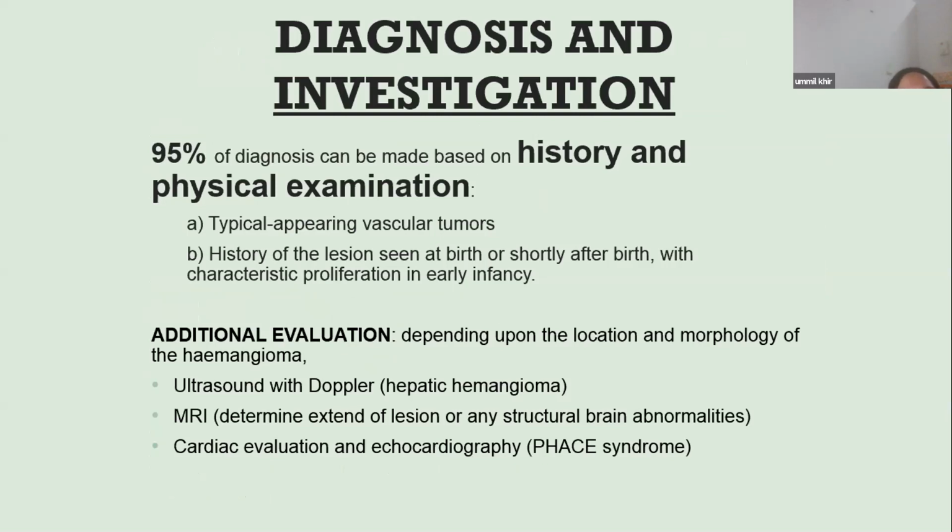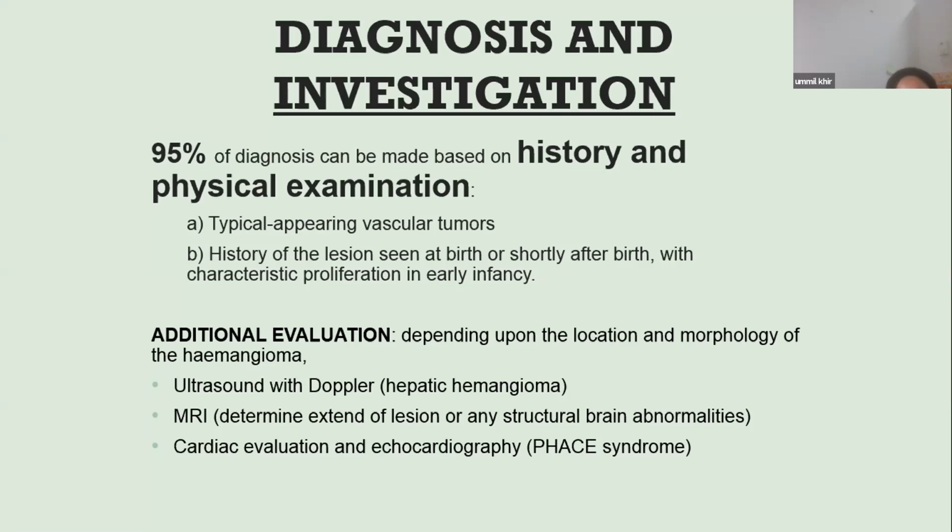Okay, for diagnosis and investigation, 95% of the diagnosis can be made based on history and physical examination by assessing the typical appearing vascular tumor and some history of the lesion seen at birth or shortly after birth with characteristic proliferation in early infancy.